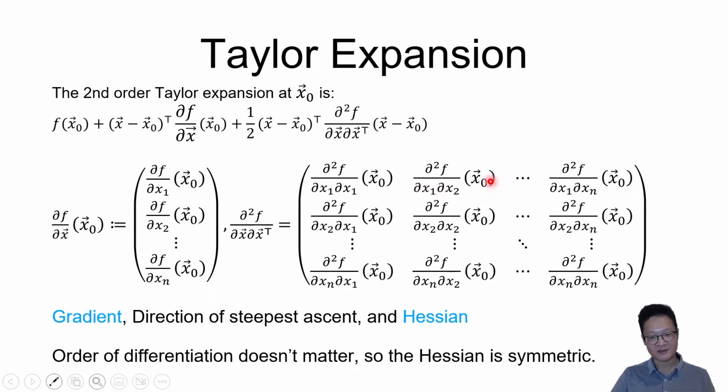So basically each row here expands into n elements, each involving another derivative with respect to all the components of x. It's a calculus fact that the order of differentiation doesn't matter. So for example, if you differentiate with respect to x2 and then x1, it's the same as if you did it first with respect to x1 and then x2. So the Hessian is always a symmetric matrix.